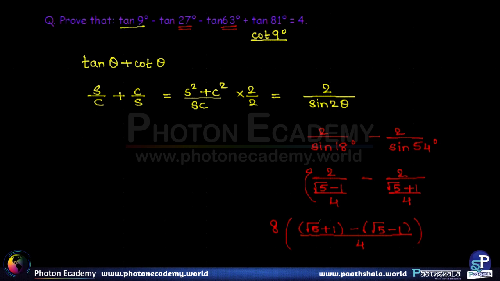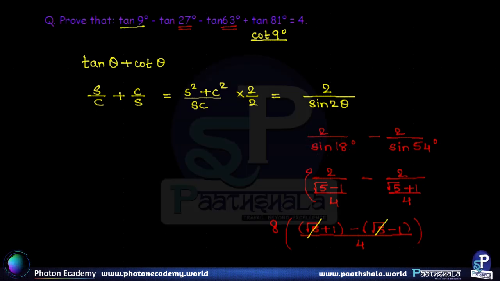Now here root 5 and root 5 will cancel each other out, and we are left with plus 2. So plus 2 into 8 is 16. 16 divided by 4 is equal to 4.